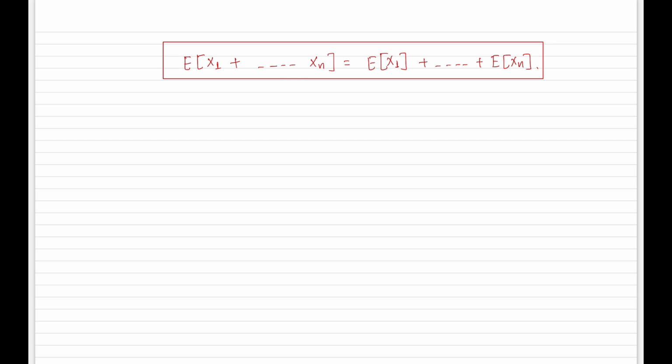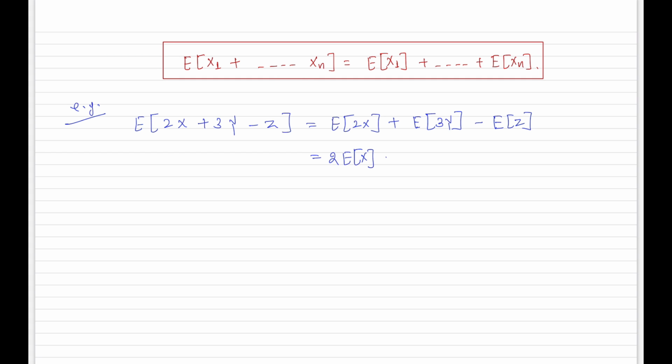is the sum of the individual expectations. We can take a simple example. Let's say we have to find the expected value of X plus 3 times the random variable Y minus Z. That would be simply equal to the individual expectations: the expectation of X, plus 3 times the expectation of Y, minus the expectation of Z. We can simply take the constant outside the expectation using linearity.